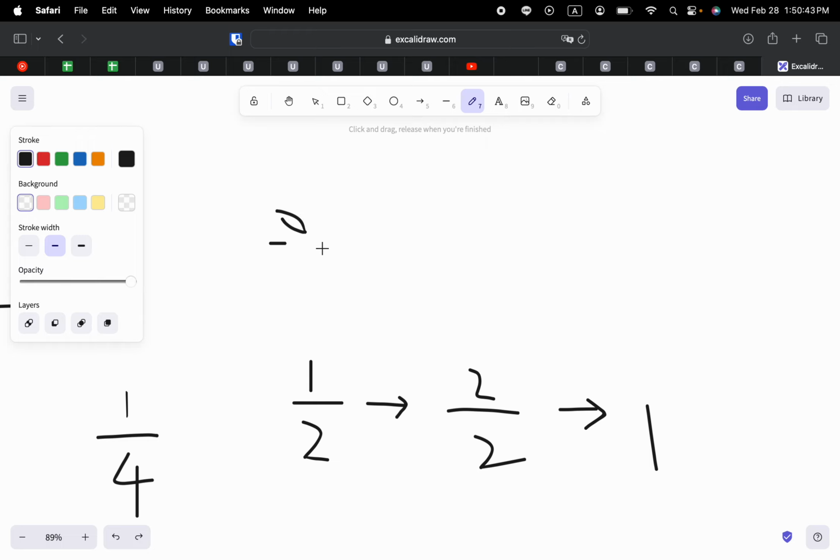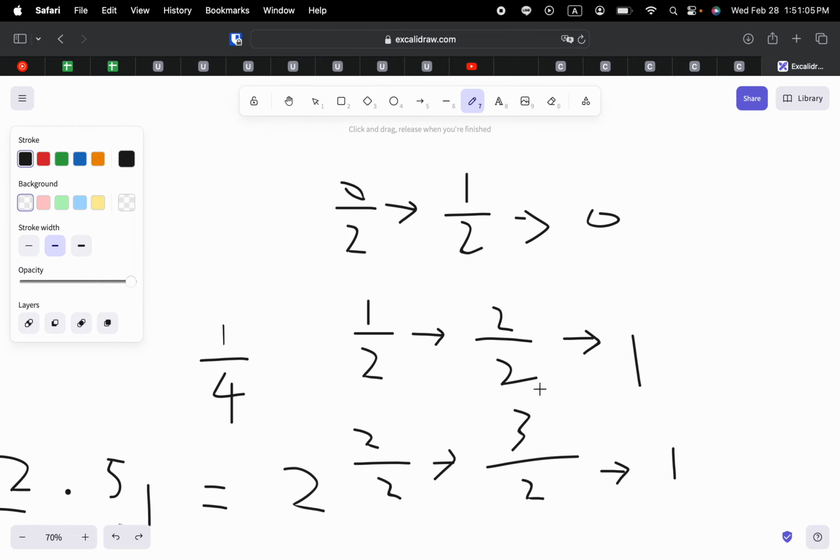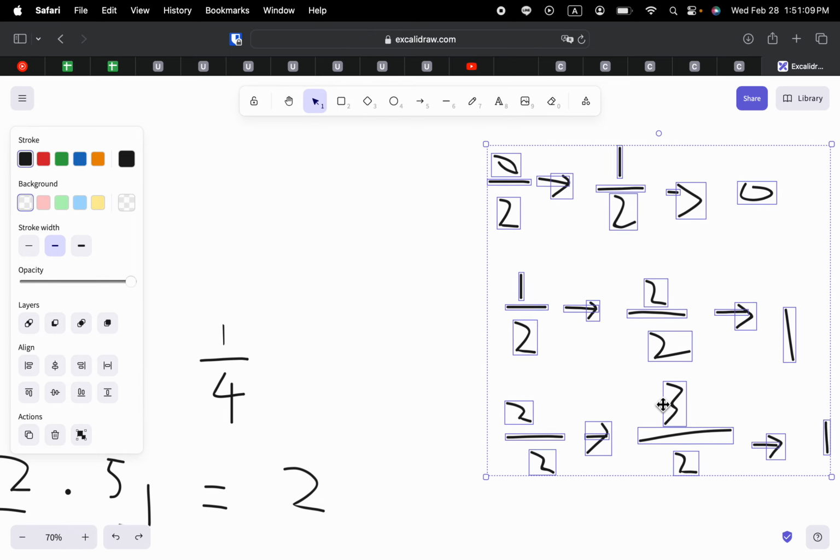If you have 0 over 2, you get 1 over 2, which gives 0, the correct answer. And if it's 2 over 2, it becomes 3 over 2, which is still 1, which is correct.